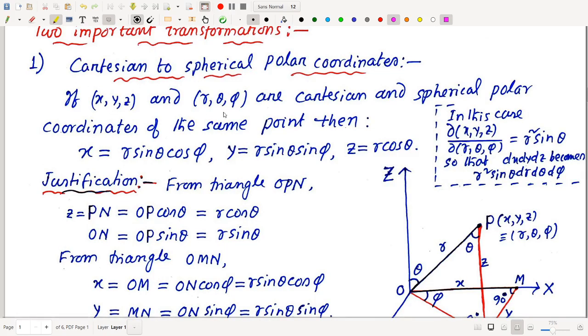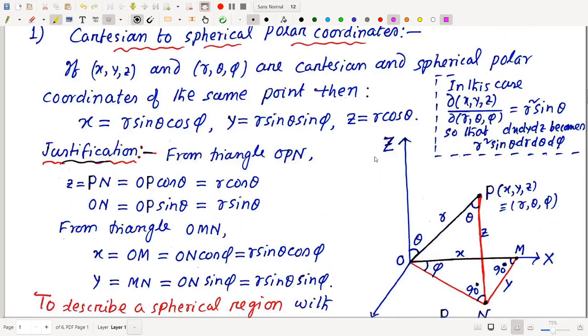If x, y, z and r, theta, phi are the Cartesian and spherical polar coordinates of the same point, then the transformation equations are: x equal to r sin theta cos phi, y equal to r sin theta sin phi, z equal to r cos theta. In this case, the Jacobian of this transformation, del(x,y,z) by del(r,theta,phi), if we calculate, we shall get r square sin theta. So dx dy dz will become r square sin theta dr d theta d phi.